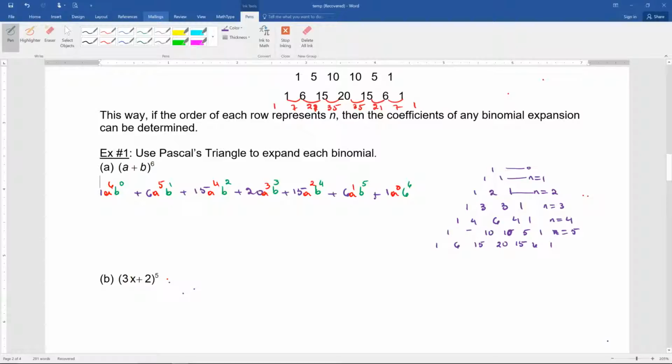Okay, so now finally, you don't have to write the 1. So this is just A to the 6 plus 6A to the 5B plus 15A to the 4B squared plus 20A cubed B cubed plus 15A squared B to the 4, 6AB to the 5 plus B to the 6.